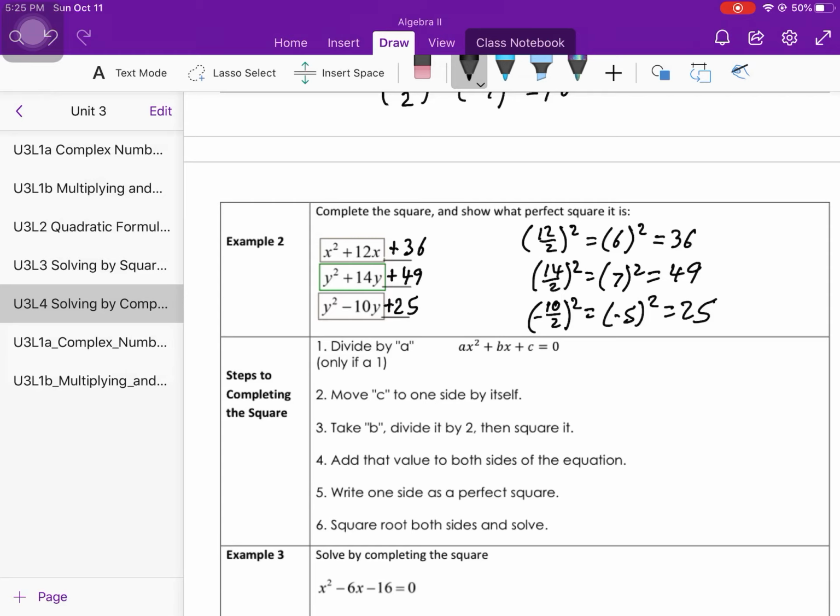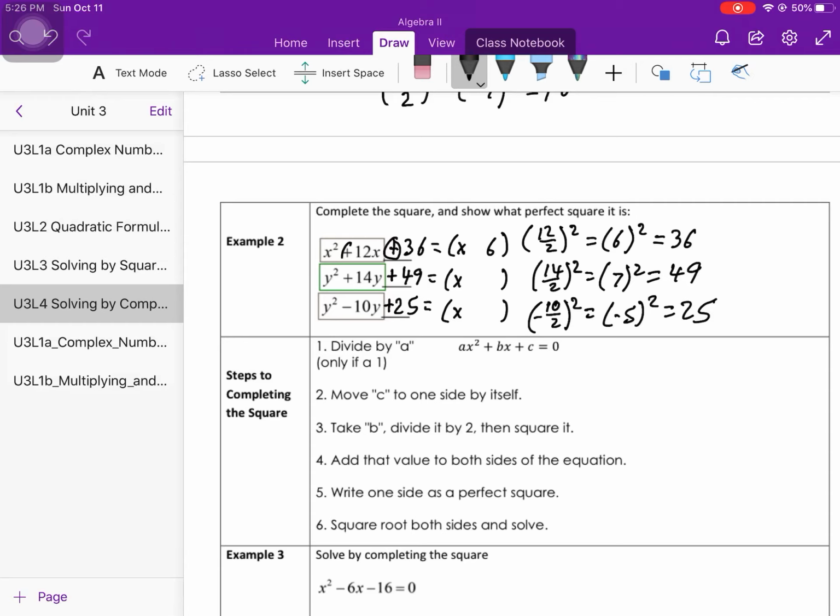So now, the perfect square for each of these was plus 36, plus 49, and plus 25. What we could rewrite these as, and this is what we got to get used to doing, is going to be in this form of (x plus or minus some number). So in this case, 36, what is the perfect square that gets us 36?